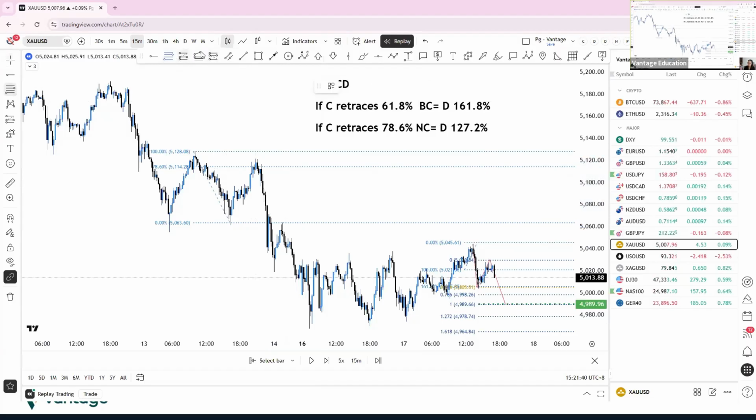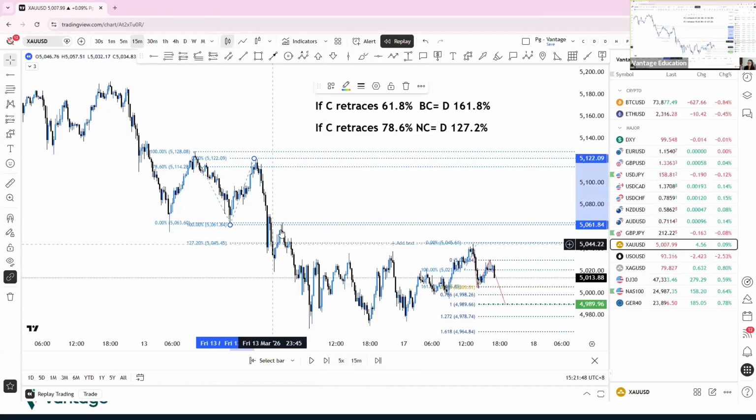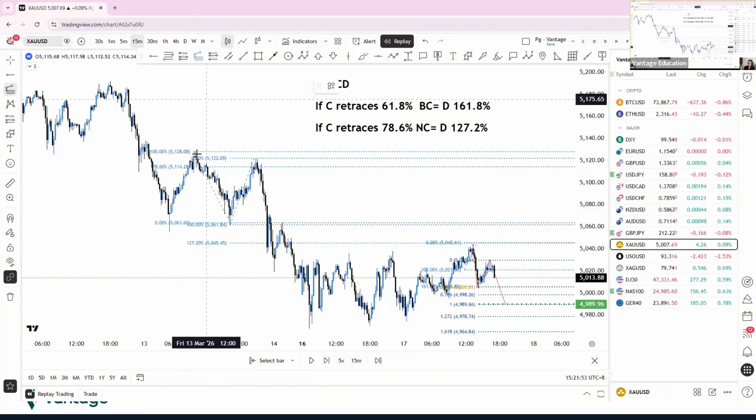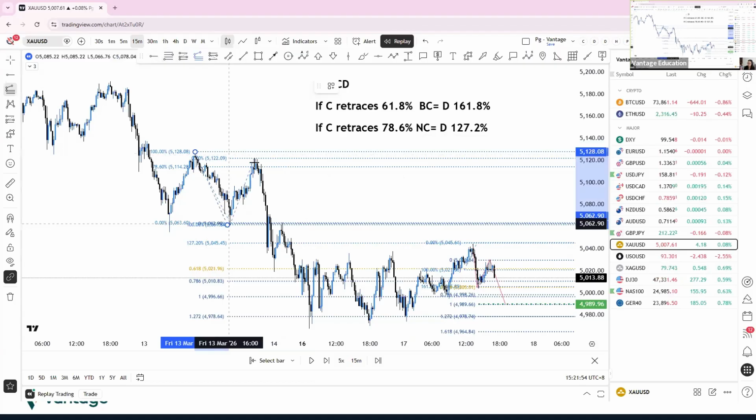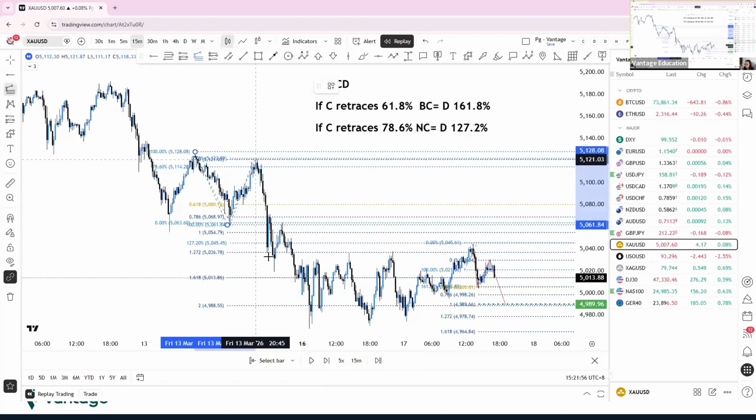The BC extension 127 is here, the target. And the ABC projection at 100% is here.